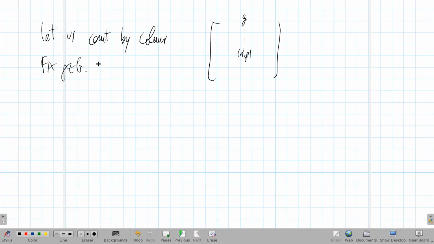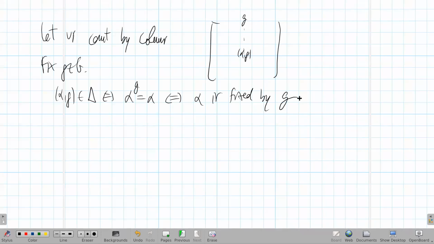Alpha g is in the column, it is in delta, if and only if alpha to the g equals alpha. But this time g is fixed, so if and only if alpha is fixed by g in the action.